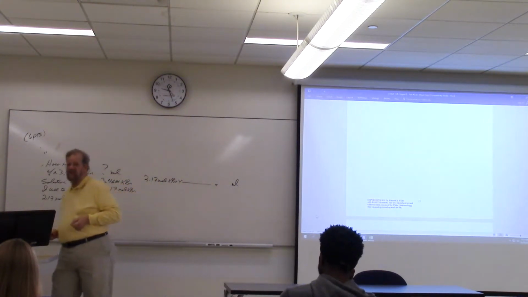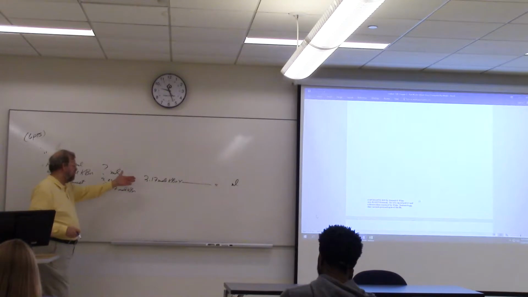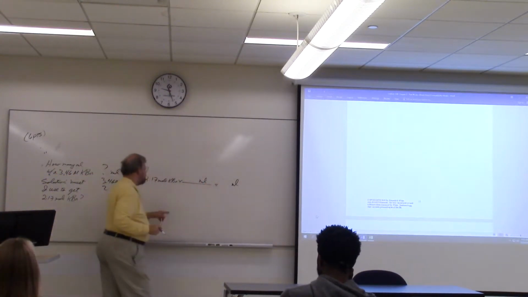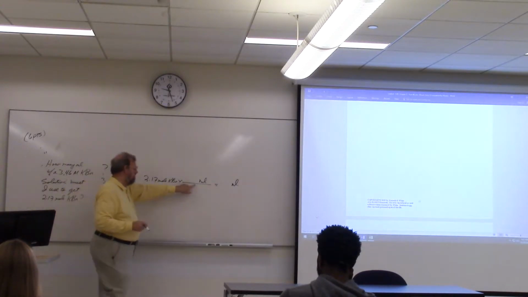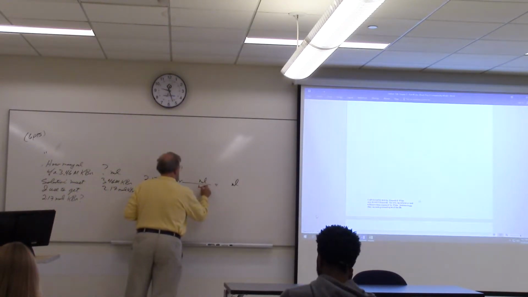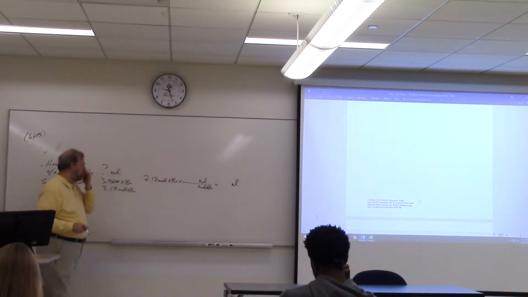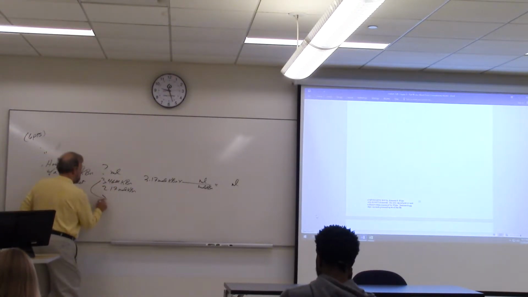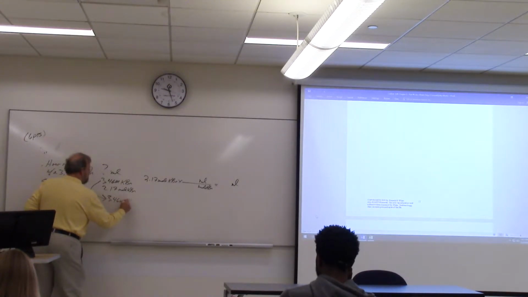And now I'll use unit analysis again. Whatever I'm trying to get to, I'll put on top. Whatever I'm trying to get rid of, I'll put underneath this ratio. And where do I get these numbers? Oh, wait, capital M, molarity. What does this mean? This means 3.46 moles KBr per 1,000 milliliters.